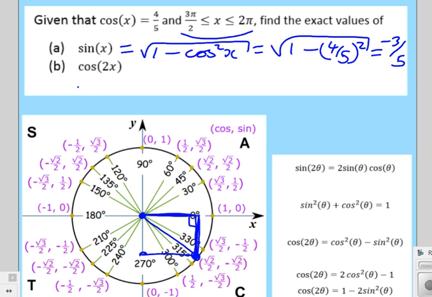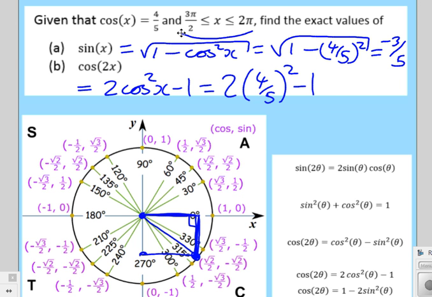And cosine 2x, the most efficient way is to use 2 cosine squared x minus 1, which is 2 times 4 over 5 squared minus 1, and that gives you 7 over 25. So there's another example there of using the identity to find a trig ratio without actually finding the number.